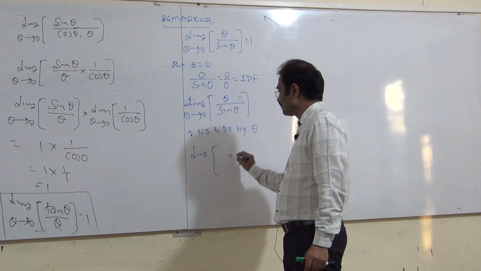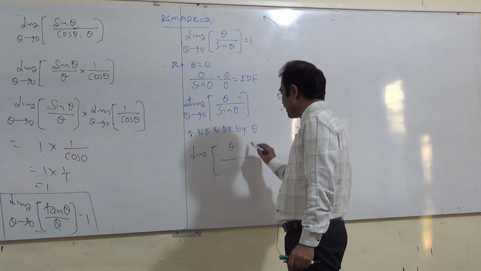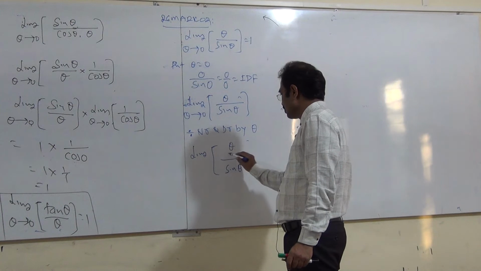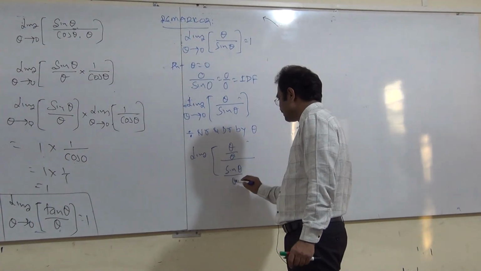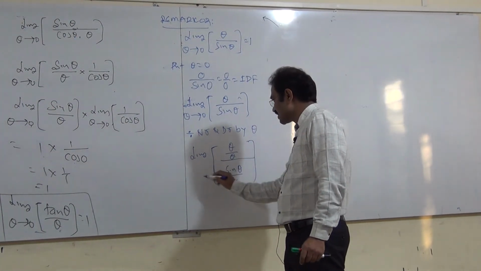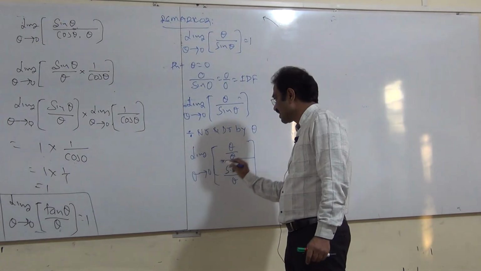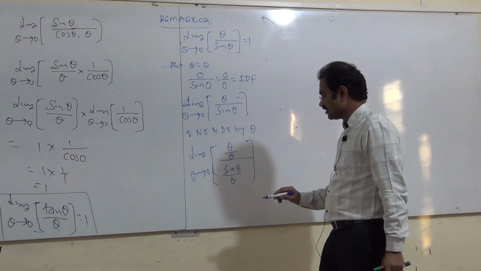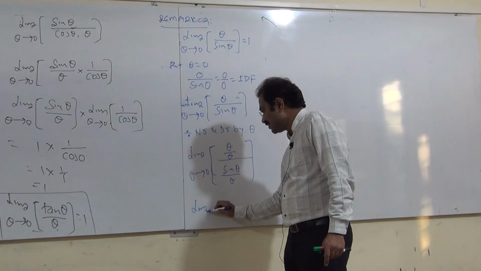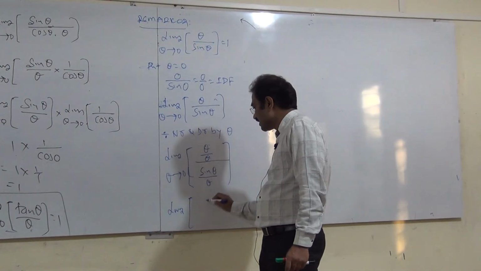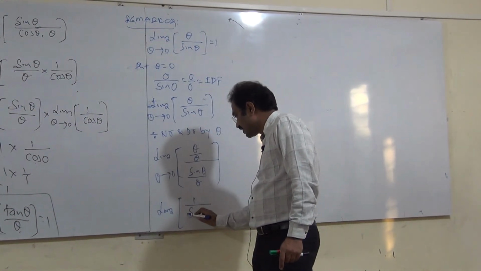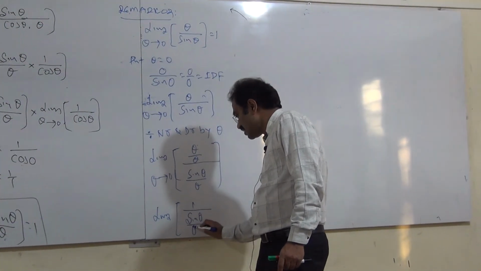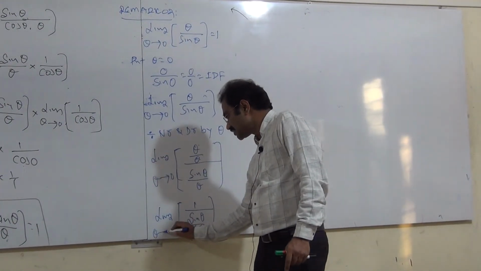Limit of theta divided by sin theta, dividing numerator and denominator by theta, as theta tends to 0. Theta theta cancels, it's a 1. Therefore it is the limit of 1 divided by sin theta by theta as theta tends to 0.